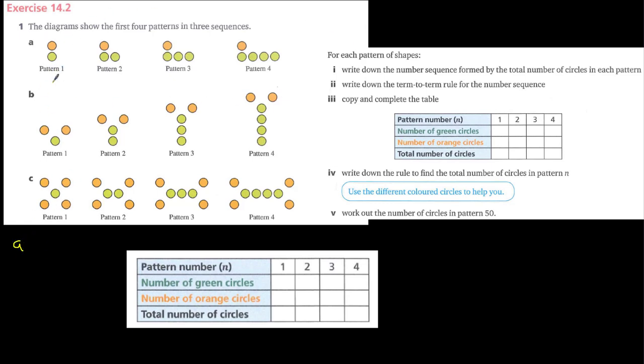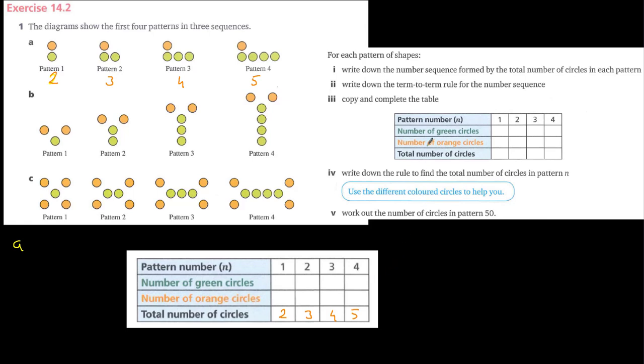In the first pattern, we have 2 circles, then 3 circles, then 4 circles, then 5 circles. So the total number of circles is going to be 2, 3, 4, and 5.